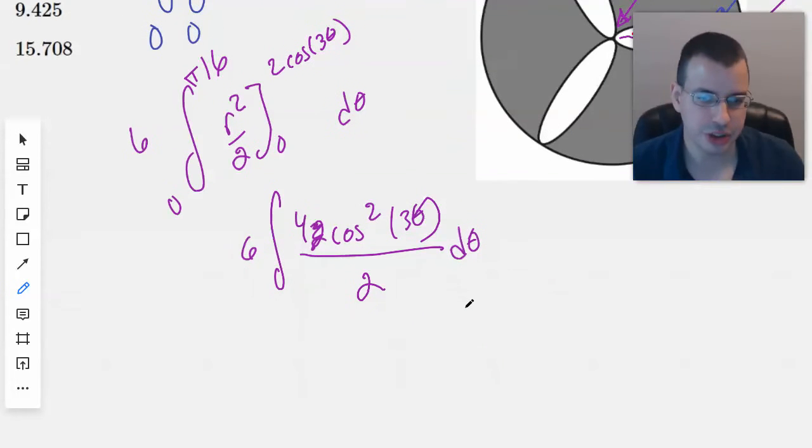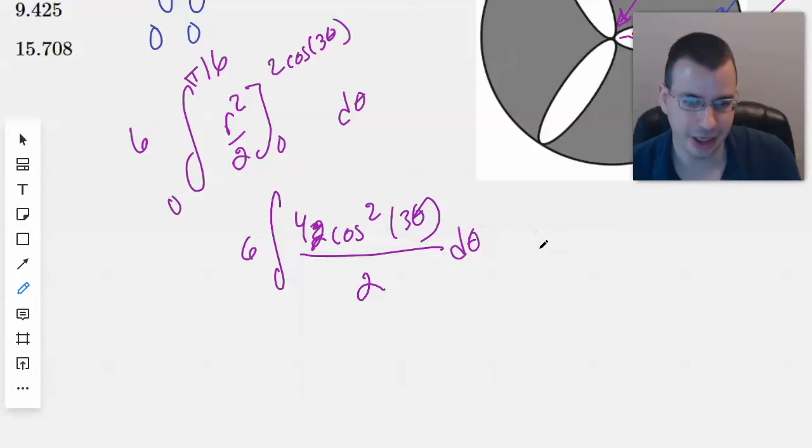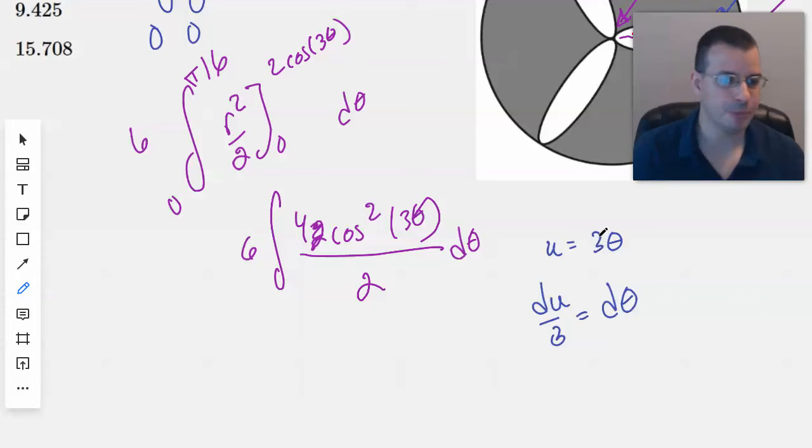Then I'm going to use substitution to get rid of that 3 theta. So I'll say u equals 3 theta, du over 3 equals d theta. To simplify things, I just moved the 3 below.